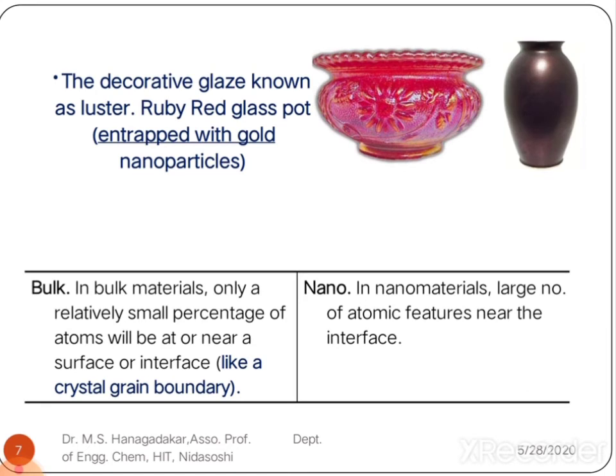Now how are the nanomaterials going to change from the bulk material? Here you can see the decorative glaze or luster property made on the glass pot because of a coating of gold nanoparticles on the ruby pot. In bulk materials, an extremely small percentage of atoms will be available at or near the surface.